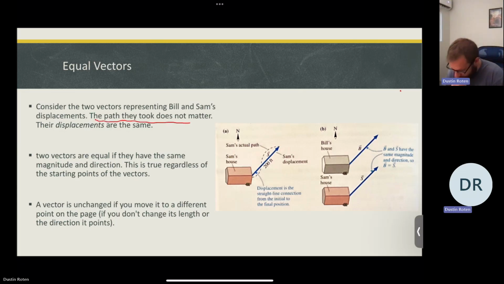So you can see here, Sam's actual path is this dotted line, which I've drawn in red. So that was Sam's actual path. The displacement vector doesn't care how he got there. It just shows how far away he is from the origin.